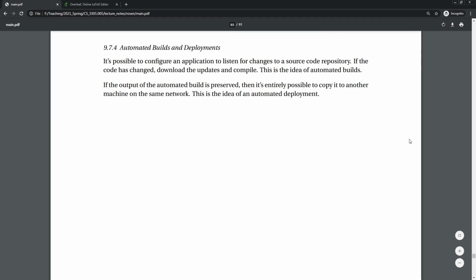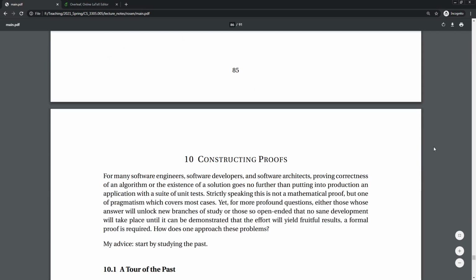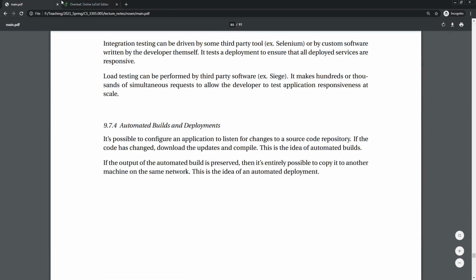But it's the idea behind automated builds and deployments. And then we'll discuss proofs later on.